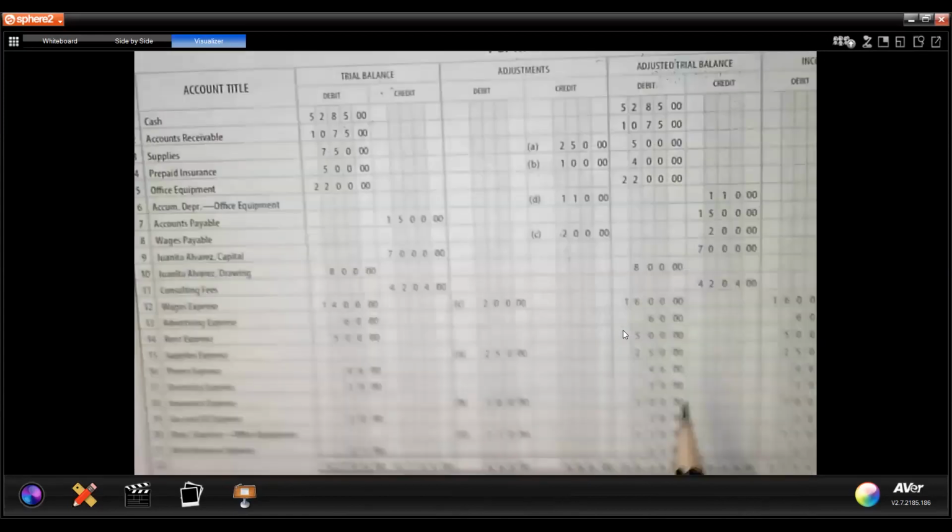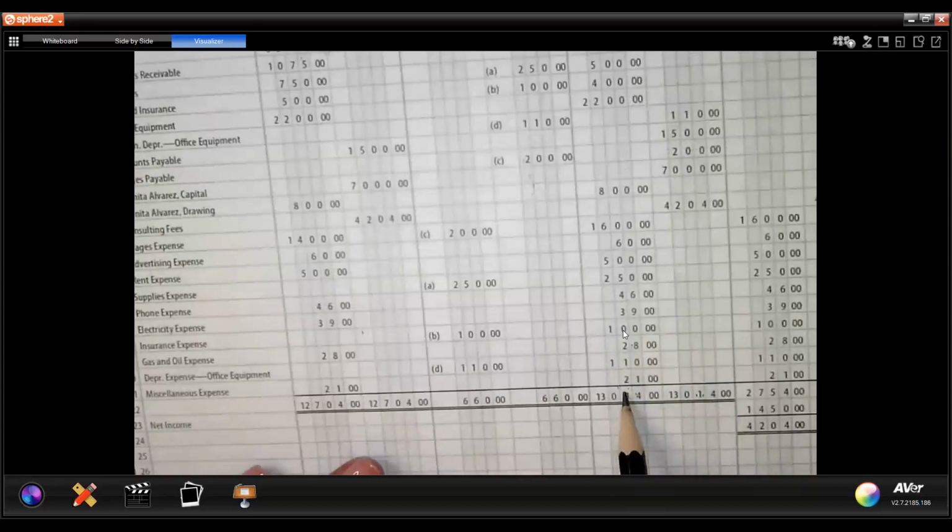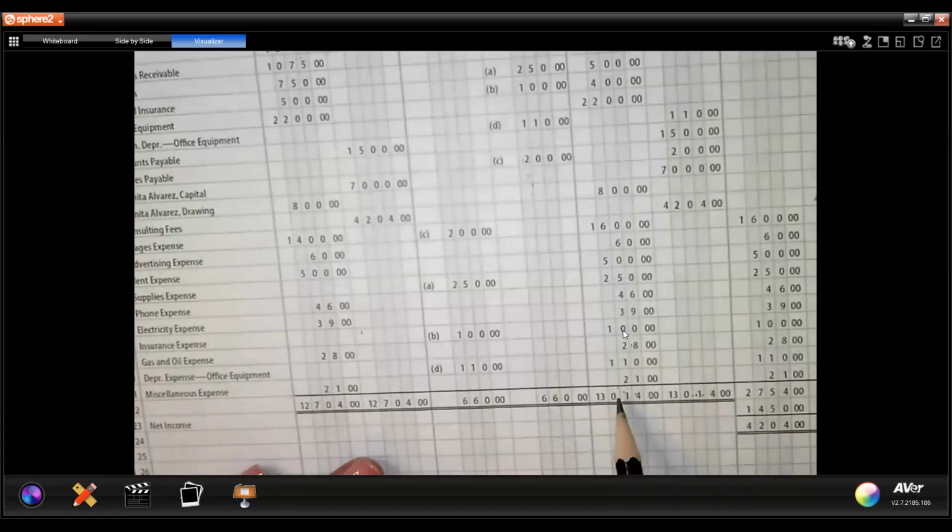When we bring over all those accounts, our debits on our adjusted trial balance should equal our credits. As you can see in this case, in Juanita's consulting business, she has $13,014 in debits as well as credits.